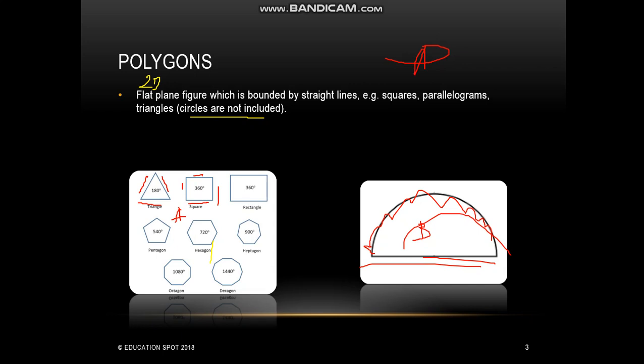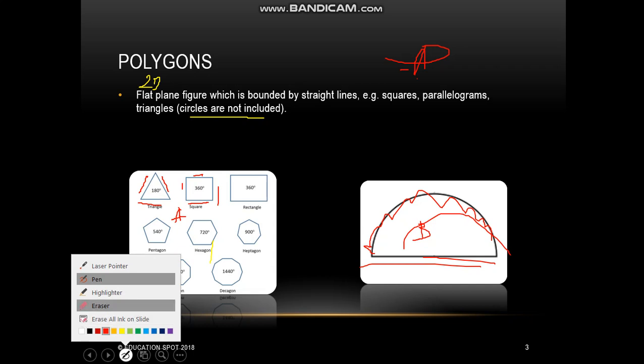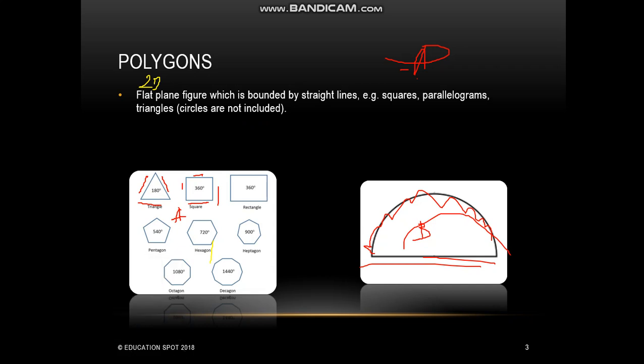But the problem again is that this figure is not enclosed by a straight line because we have 2 openings, which is this side and this side right here, right? So it doesn't satisfy the sentence which is given here in the beginning. So let's remove all the stuff and move on.